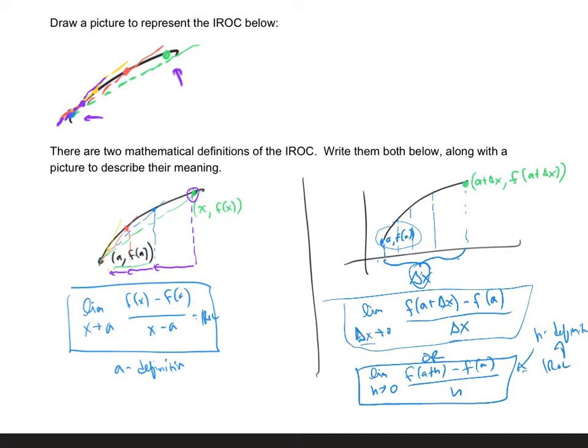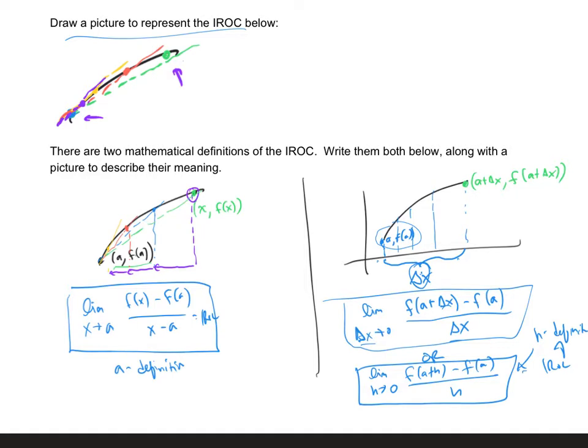Now, one last thing I didn't add. You notice up here, when we were talking about drawing the picture, how if I drew the points closer and closer to each other, the line started getting less and less secant and started looking like it would eventually touch the graph at one point.